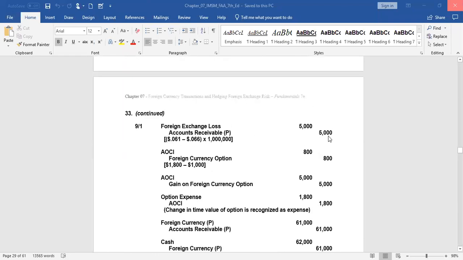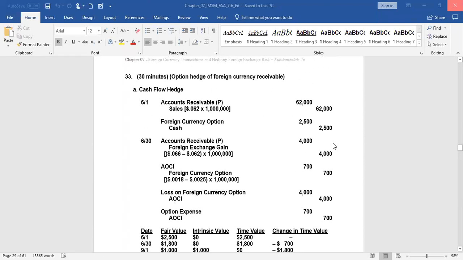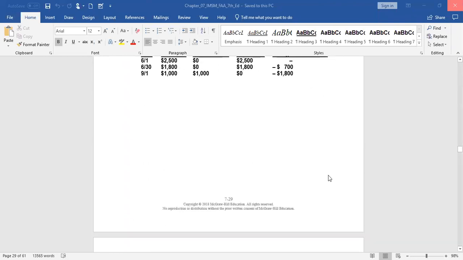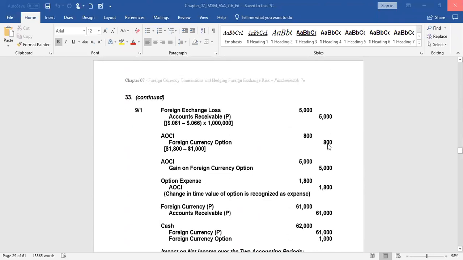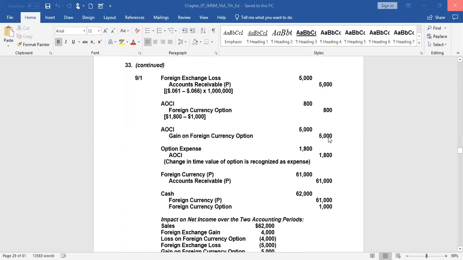So 2,500 debit, a credit of 700, a credit of 800. So it would have a balance of 1,000, its fair value.